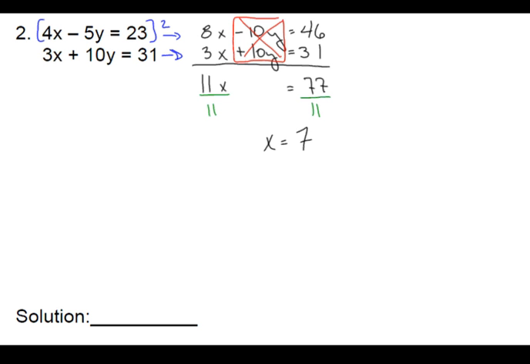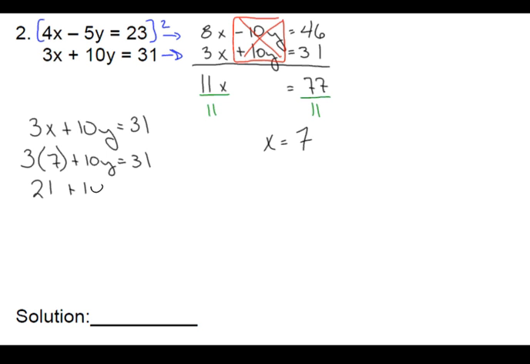I now pick one of my other equations, and it does not matter which equation I choose. I could choose the top one or the bottom one. I'm going to use the bottom one simply because everything is positive. So 3x plus 10y is equal to 31. I'm going to substitute a 7 in for my x. I now multiply, so that's 21 plus 10y is equal to 31.